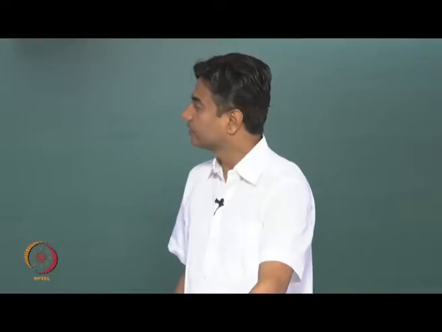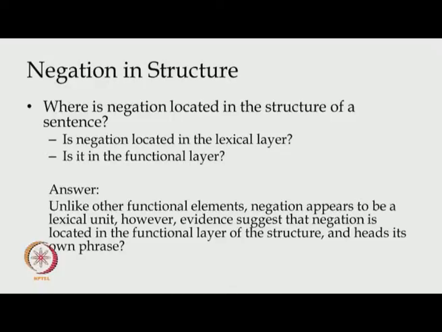All right. So, having said that, without getting into too much detail, I want you to pay attention to the conclusion part of this, that unlike other functional elements, negation appears to be a lexical unit. What do we mean when I say unlike other functional elements? For example, tense, aspect, agreement markers.